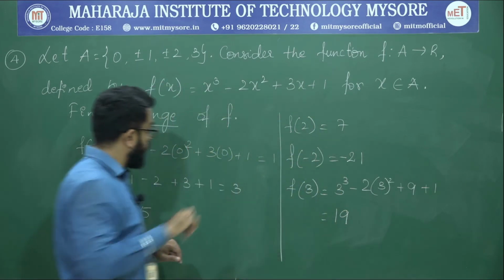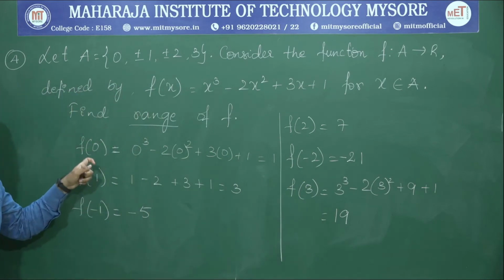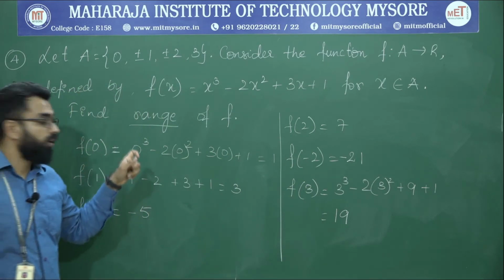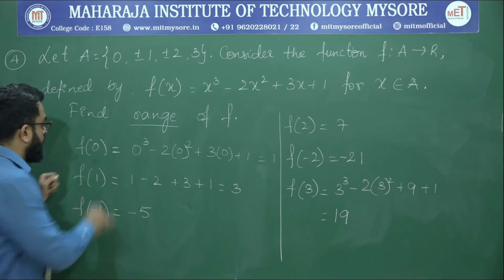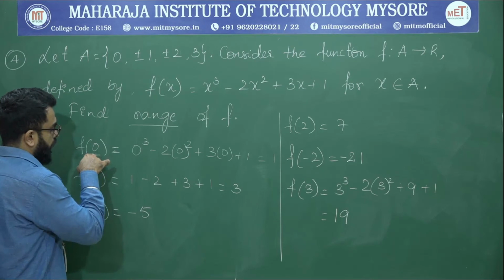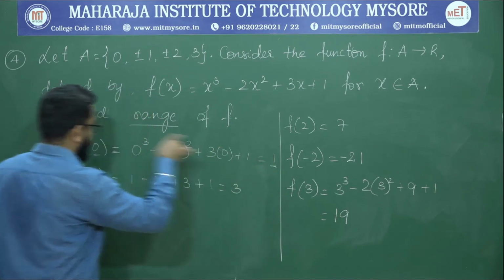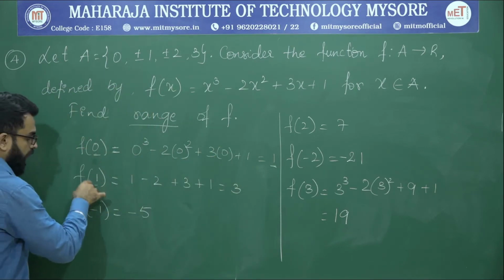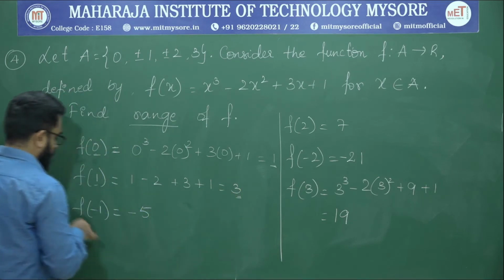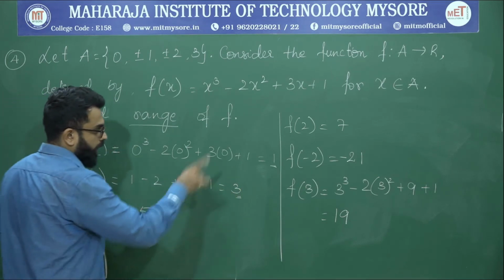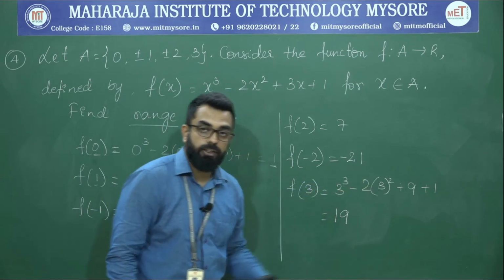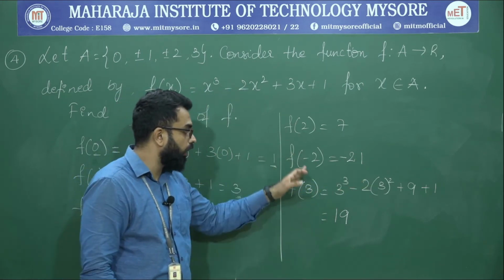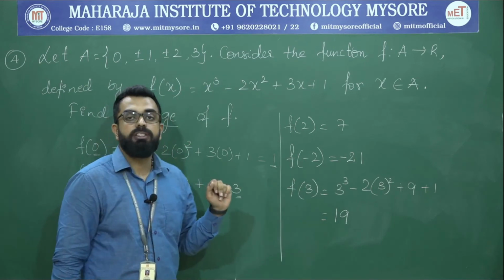Okay, so we have the different images under the defined function f for all the elements of set A. 0 has the image 1 under the function f. Similarly, 1 has the image 3, minus 1 has minus 5, 2 has 7, minus 2 has minus 21, 3 has 19. So these are the images of these elements of set A.